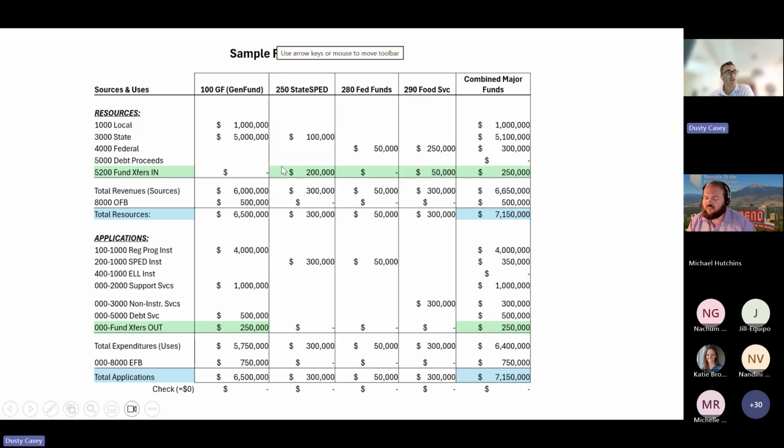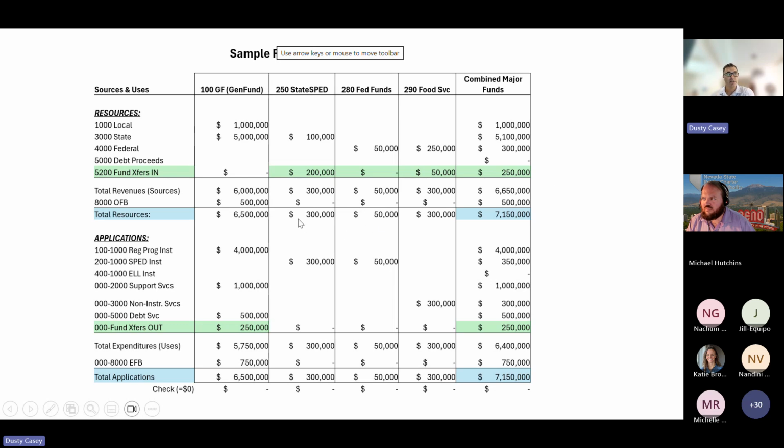And that $200,000 transfer in this example to state sped is what would become, hypothetically, your local sped reimbursement in the next biennium potentially. And that's a different topic, the mechanics of the PCFP.